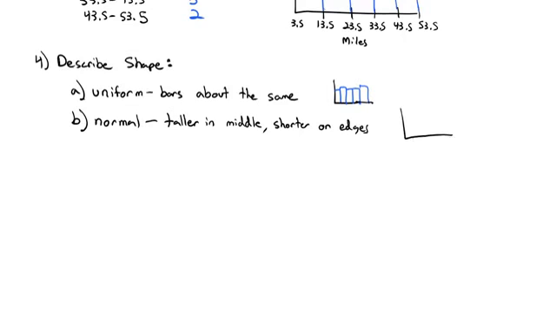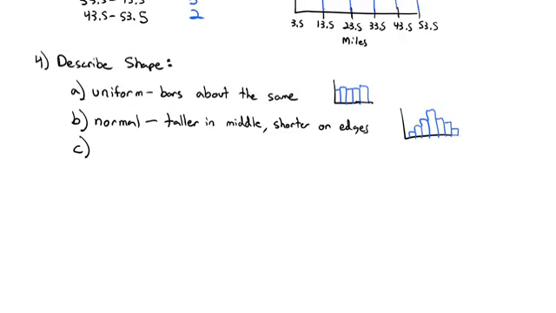What a normal shape looks like is it generally starts short and gets taller until the middle, and then after the middle it starts getting shorter again. It's also called the bell-shaped curve, where it goes up and then back down.